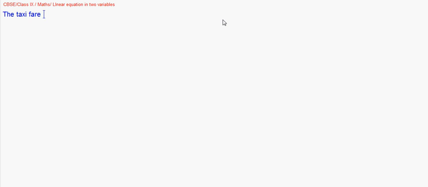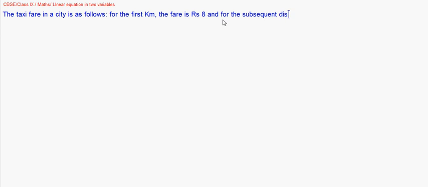The taxi fare in a city is as follows. For the first kilometer, the fare is fixed at rupees 8, and for the subsequent distance it is rupees 5 per kilometer.